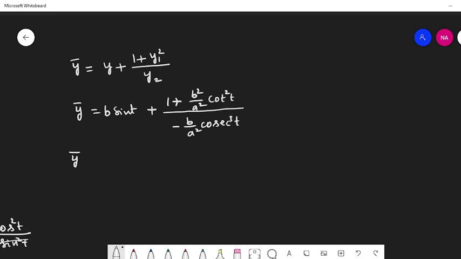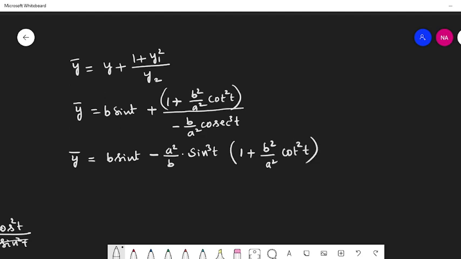Now y bar equals b sin t plus, I'll get minus. So taking this to the numerator, minus a square by b into 1 by cosecant cube t, that is sin cube t, into this term I'll carry as it is, 1 plus b square by a square cot square t.